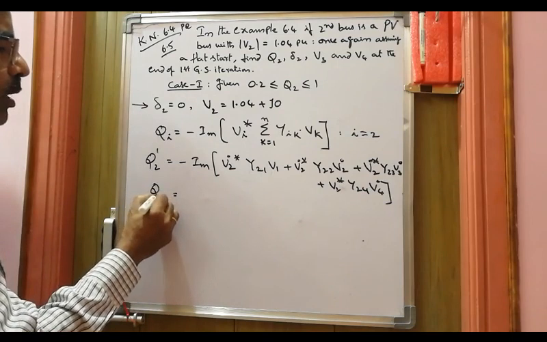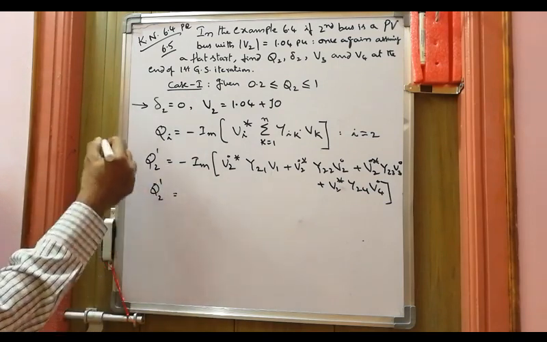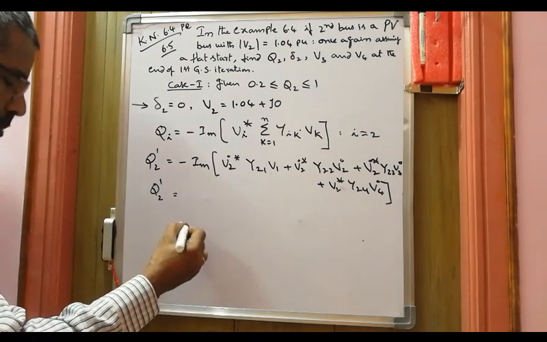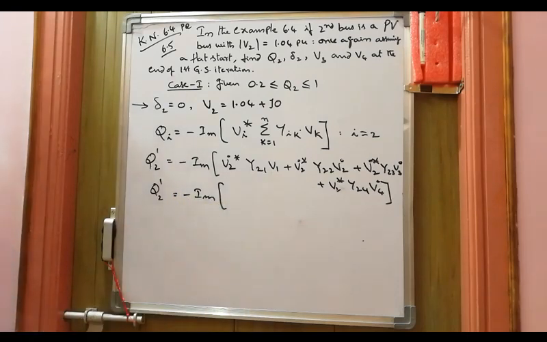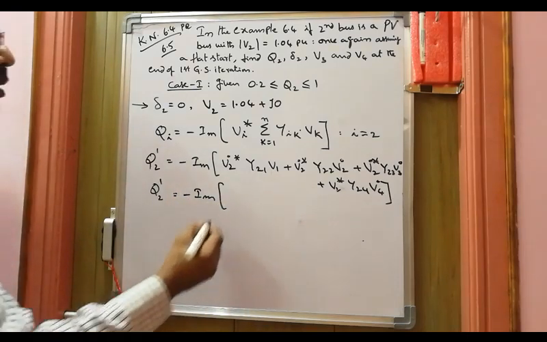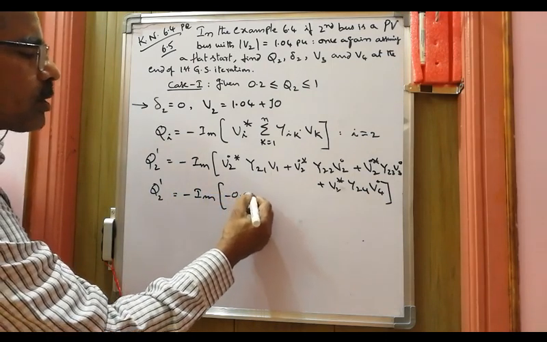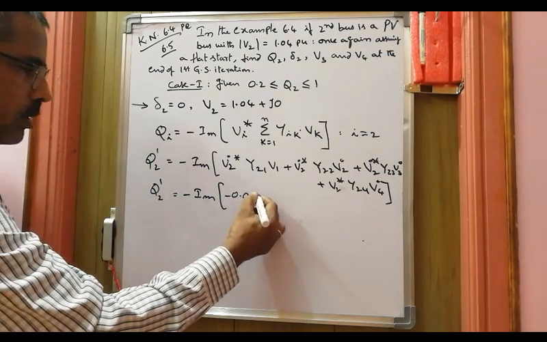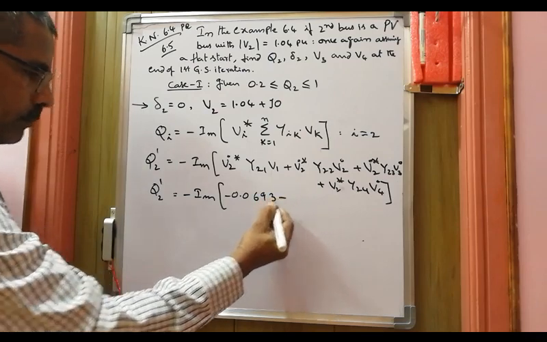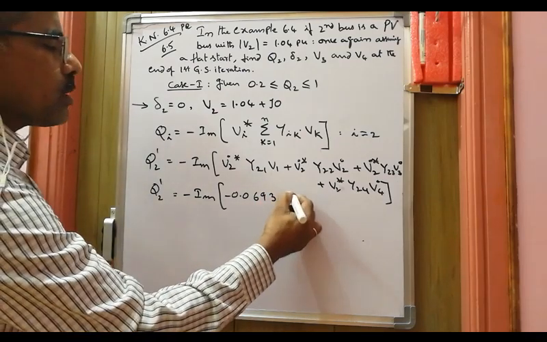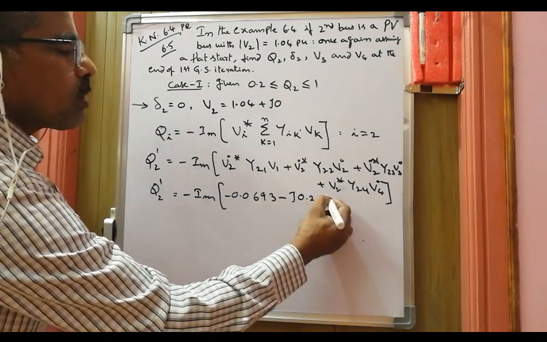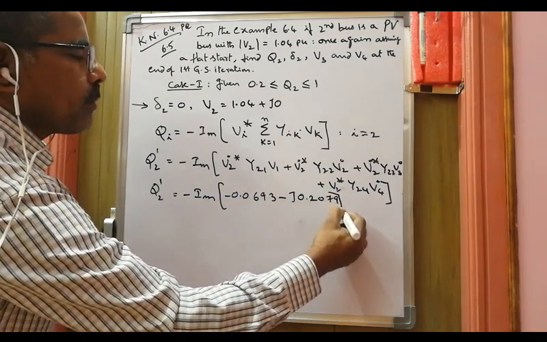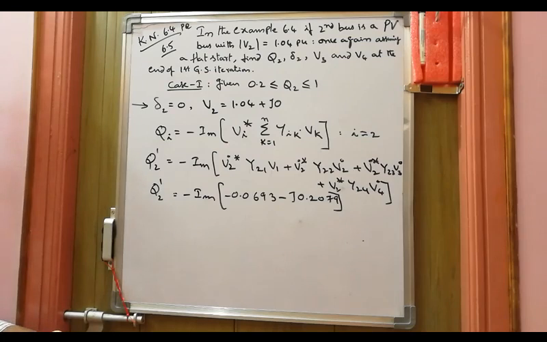So Q2 at the end of the first iteration is minus imaginary part of minus 0.0693 minus j0.2079.